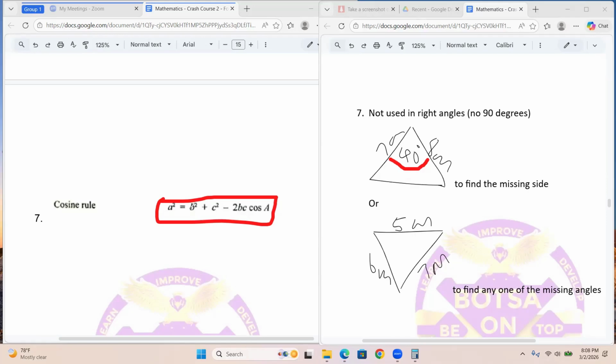this particular formula is from the CXC past papers, but I normally use it as C squared, but it doesn't matter, right? If you use it as C squared or A squared, it's the same formula once you understand what to do. I like to use it as the normal Pythagoras.